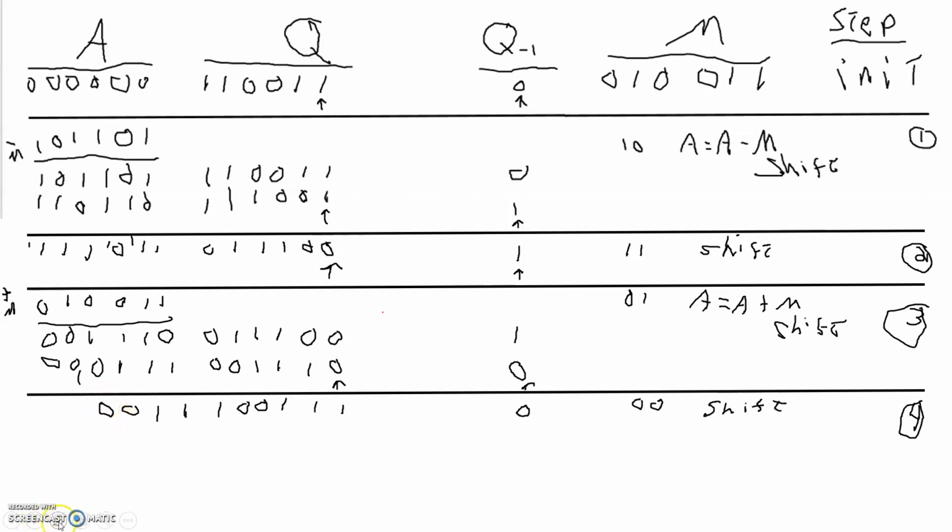I accidentally hit something. Sorry. Where was I? That 1 was there. 0, 0, 0 is here, and this 0 is here. And so now with this extra bit that we need on the far left-hand side, we make a copy of this bit, and so we end up with a 0.